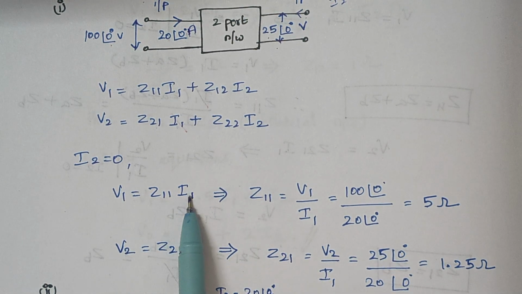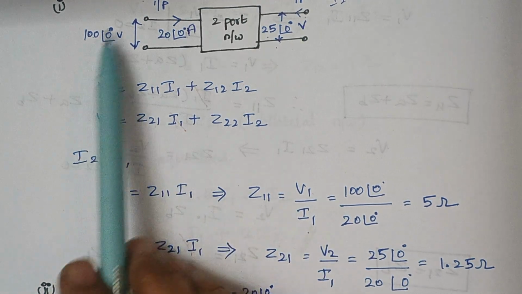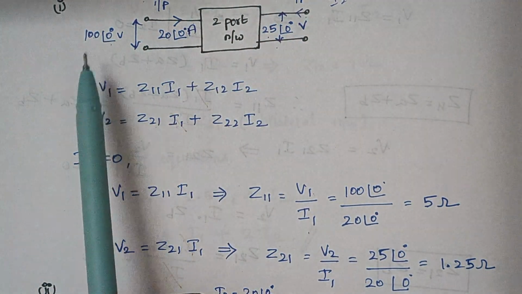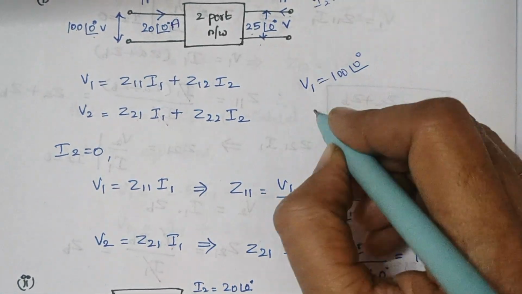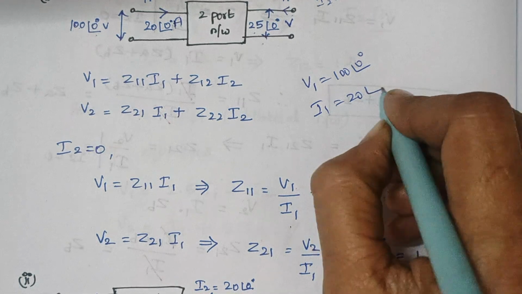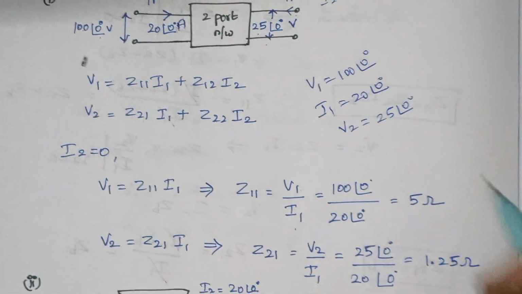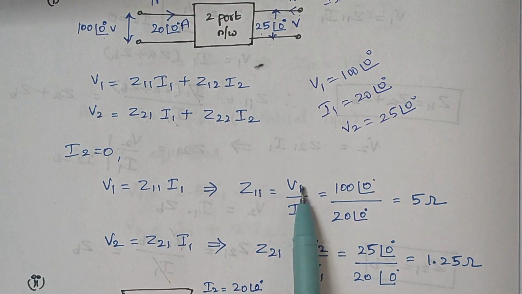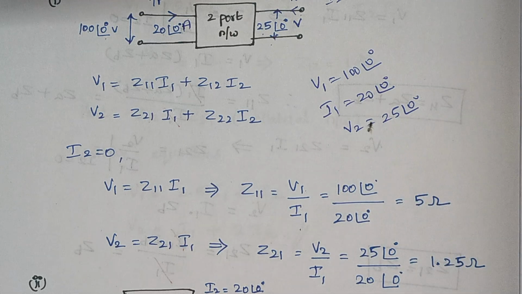So when you rearrange, Z11 is nothing but V1 by I1. In this diagram, V1 is equal to 100 with angle 0 and I1 is equal to 20 with an angle of 0, and V2 is 25 with angle 0. So now just substitute the values. V1 is 100, 0 and I1 is 20, 0.